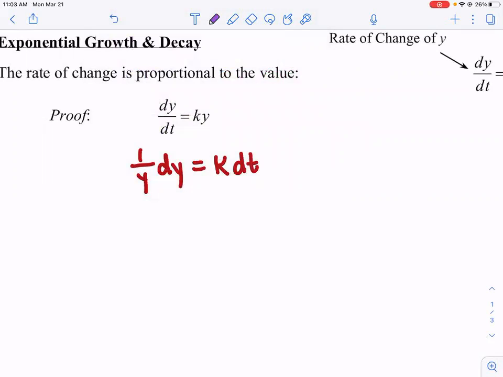We took the y and divided it over to be with the dy. The y needs to be with the dy. And then I took the dt and multiplied it over with the k.